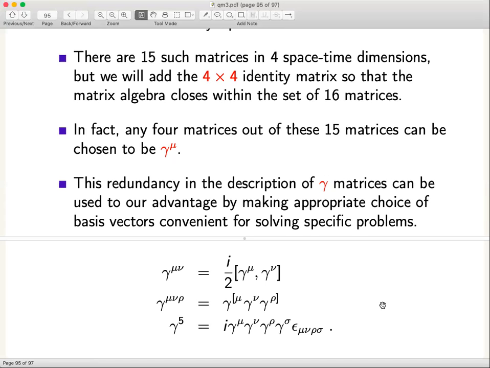Maybe an overall factor of I sitting outside, but the matrix has symmetric sigma sitting around. Okay, you could have chosen that also. Now all these are 15 different ways of writing these 4 by 4 traceless matrices with eigenvalue plus or minus 1. Any 4 of them could be used to write them as gamma mu. Okay, there is nothing very special about any choice.